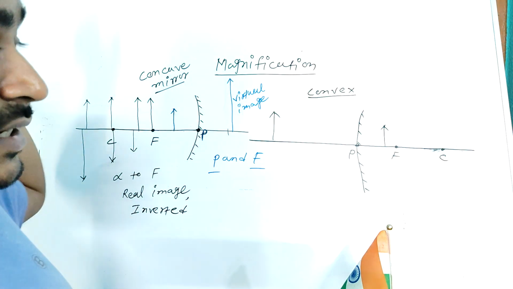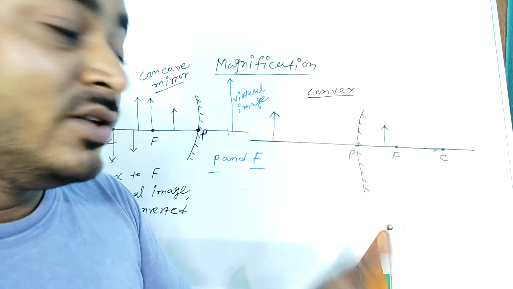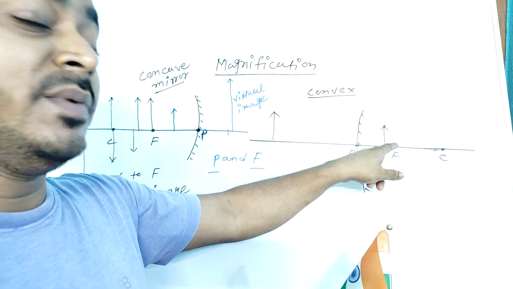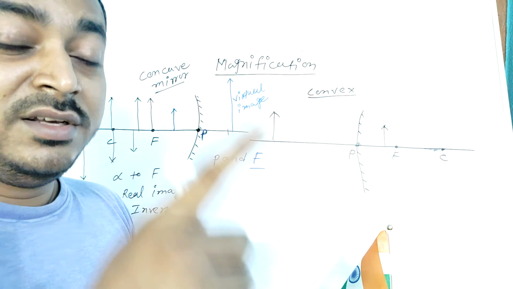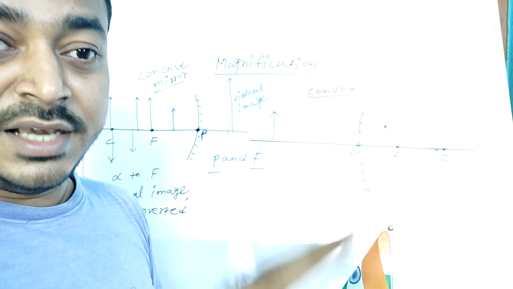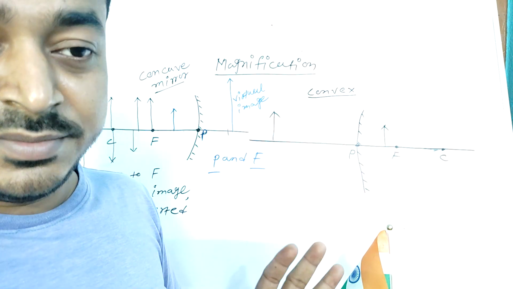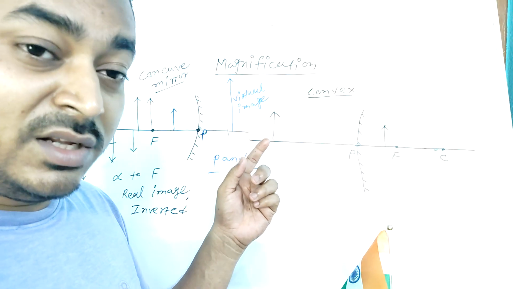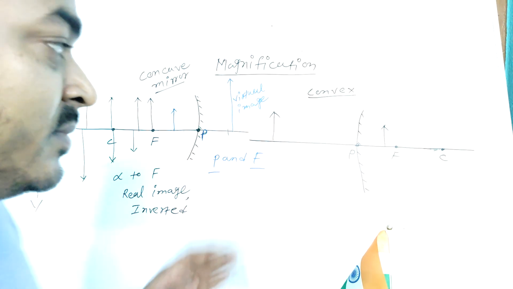When the object is at infinity, the image size is very small, like a point, and it is forming at focus. It is the concept of focus. It was already discussed in the class 10 Light 1 and Light 2 lectures. So if you are new, first watch those two lectures and then come and complete this.